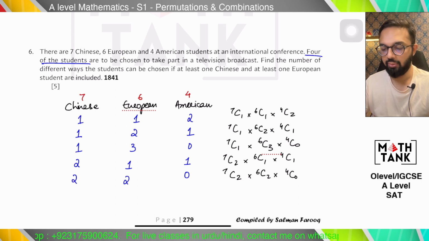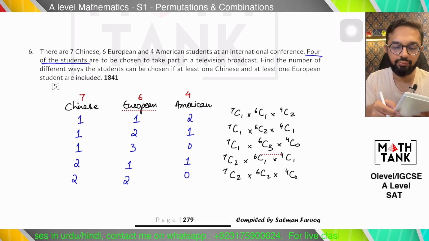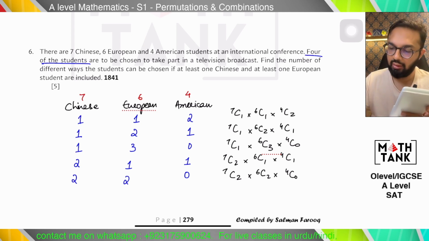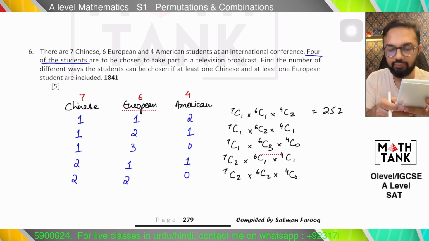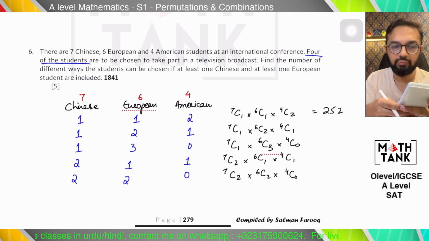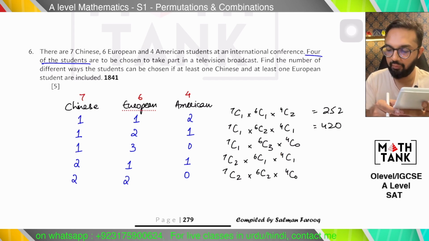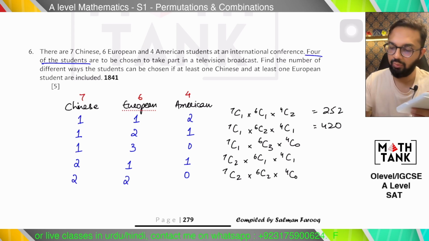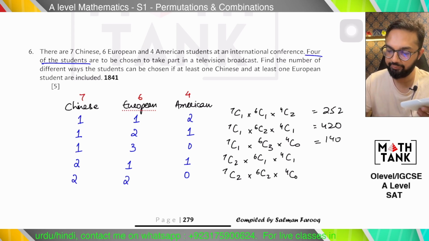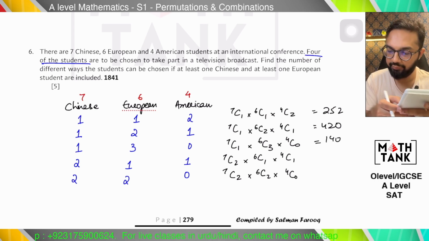Okay, let's check what we get. I get 252 for the first one, 420 for the second one, 140 for the third one, 504.